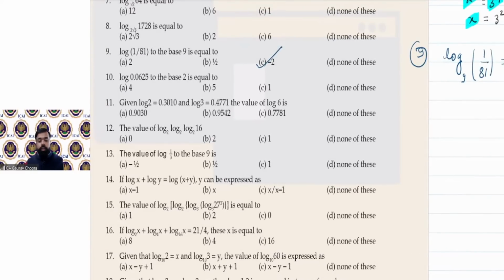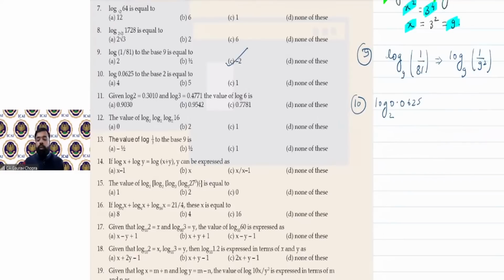Then the next one is question number 10. Question number 10 says log of 0.0625 to the base 2 is equal to. Now this we have to calculate. 0.0625.